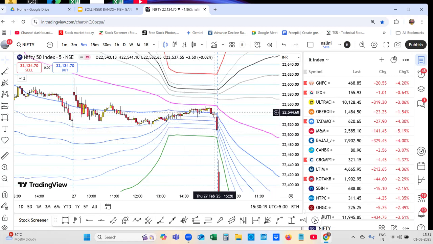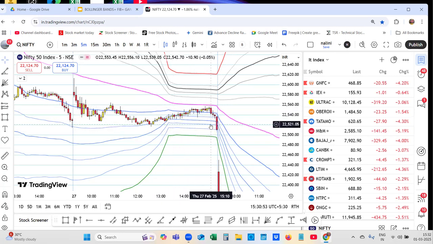They have constricted. Some people use CPR, narrow CPR. They say that then a wide range of movement will be there. That is nothing but this. So all the Fib ratio levels are nearby, starting from 0.5, this is the 1, 0.5, 0.382 and 0.36, and this is the 1 ratio.